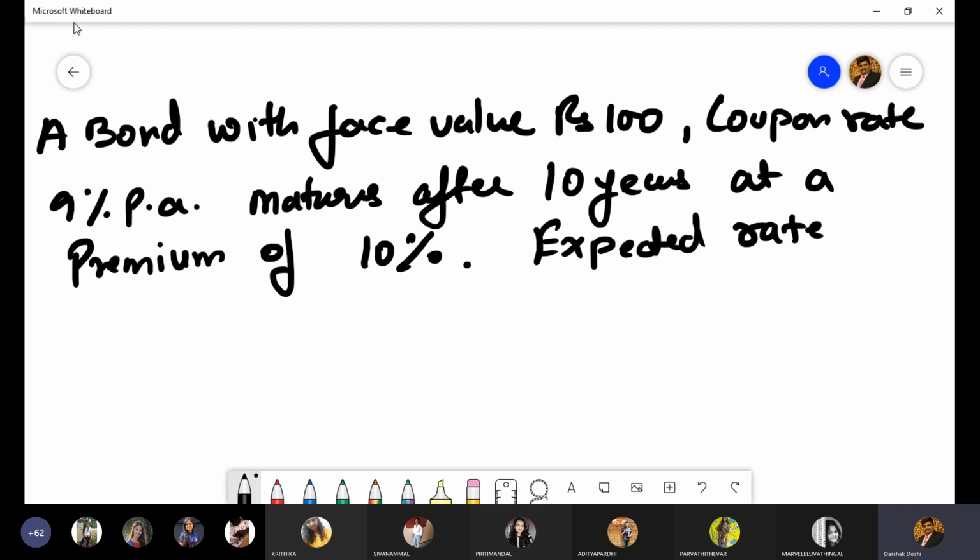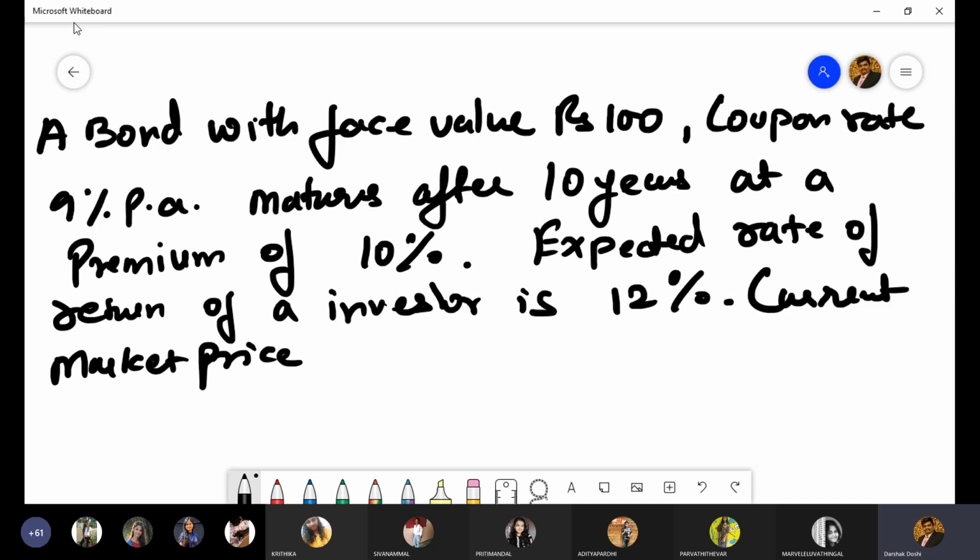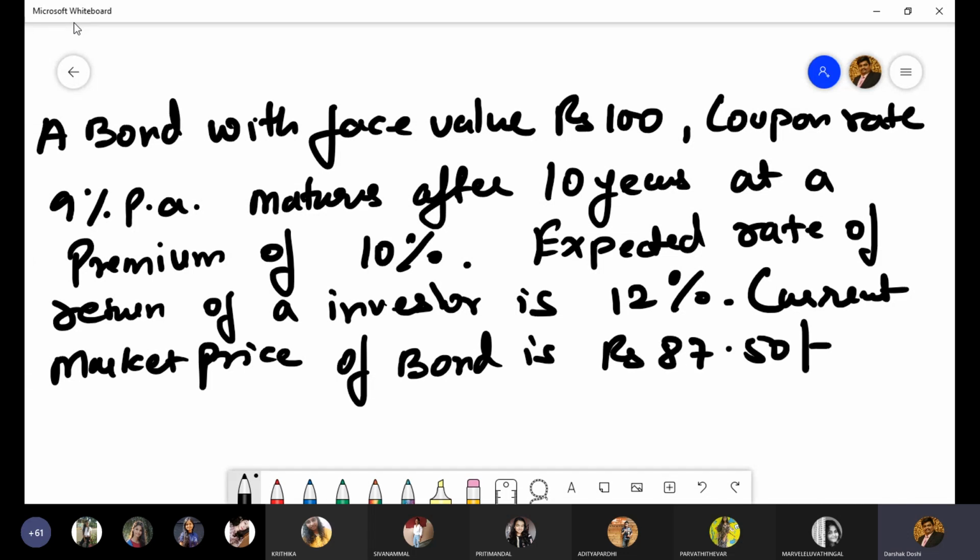Expected rate of return of investor is 12%. Current market price of bond is rupees 87.50.